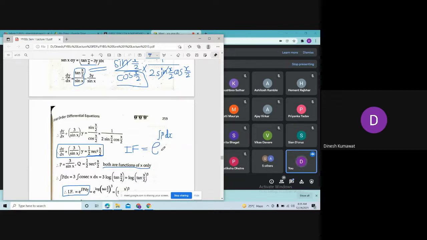Now tell me what is the integration of P dx? That is integration of 3 by sine x. Okay, now here you need to observe something. I can take this 3 outside. 1 upon sine x can be written as cosec x, right?